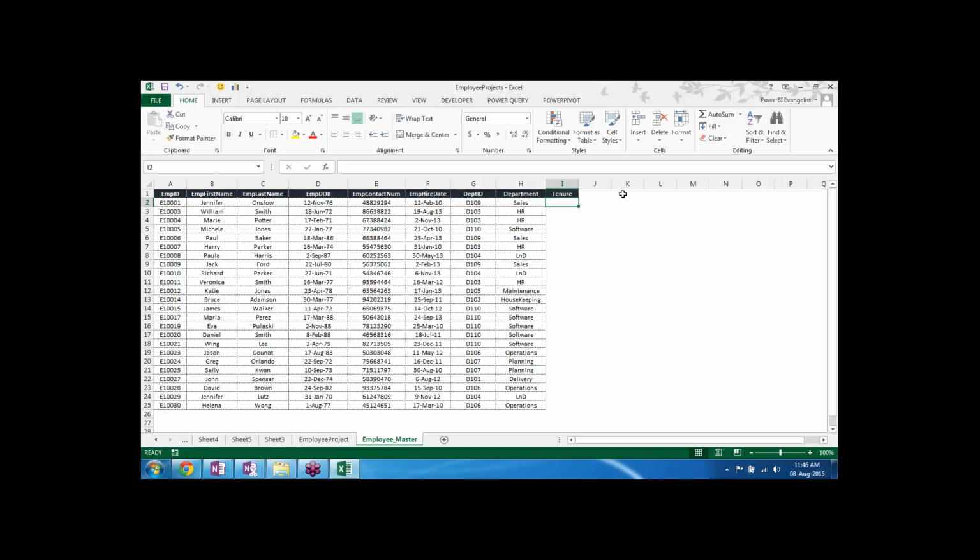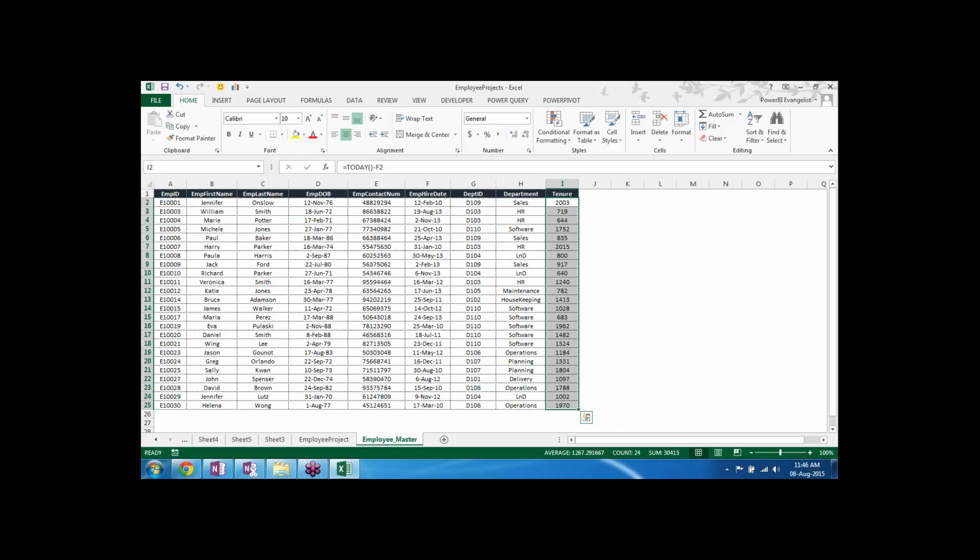So how to find out the seniority? First of all, you can simply say equal to today minus hiring date. Remember, we were trying to do this in the calculation yesterday in that pivot. Same thing what we do here. If you just say minus, it gives us a number. So if you simply click like this, you can see that from today, almost 2003 days, this person, Jennifer, has worked for this organization.